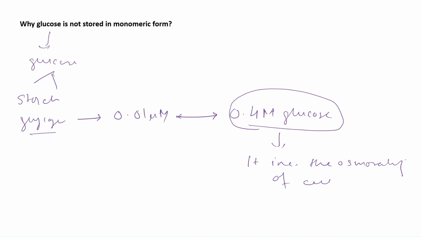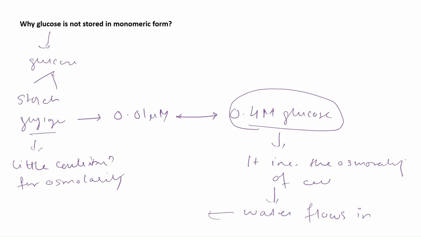Whereas glycogen does not increase osmolarity. It contributes very little to the osmolarity. So if in place of glycogen, glucose is present, it will increase the osmolarity of the cell. And what will happen? The water will start flowing in and the cell will burst.